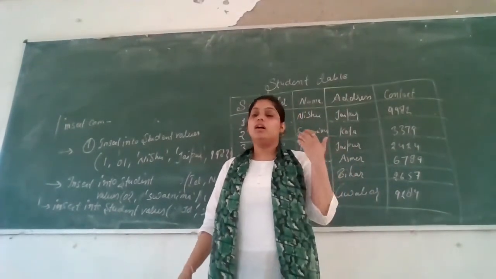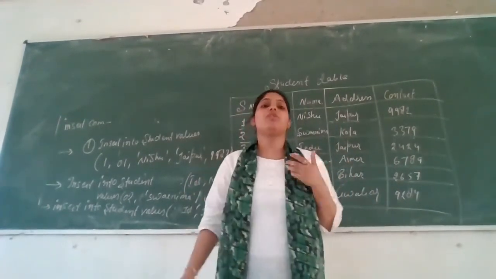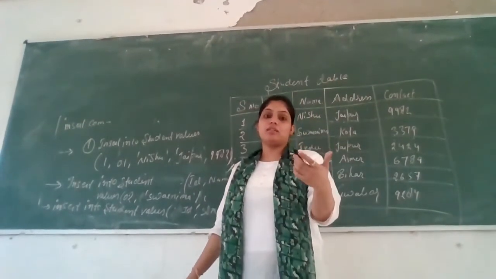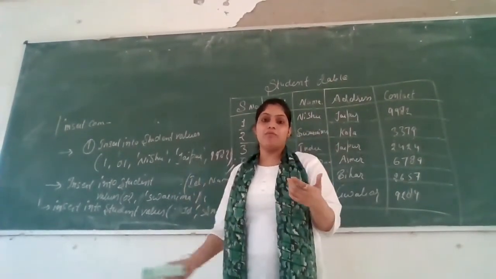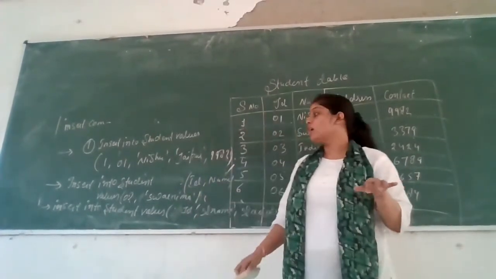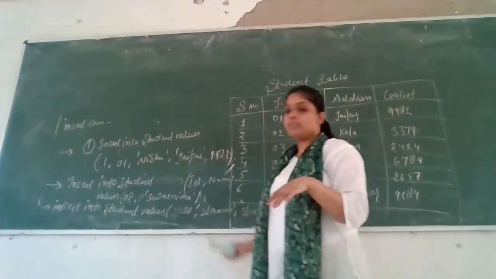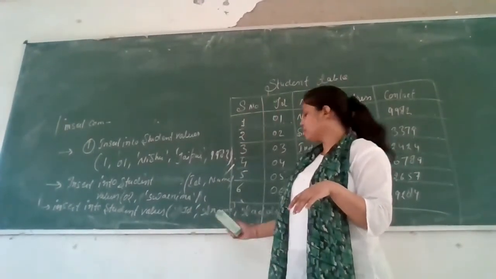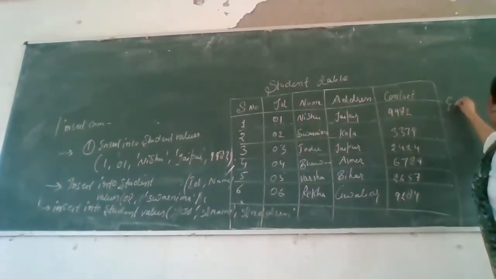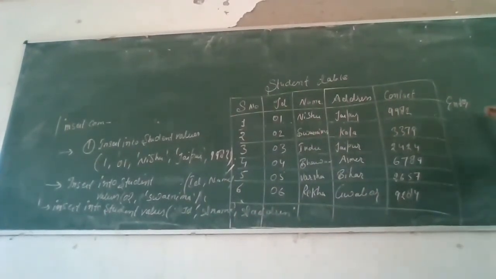Like you enter your ID, enter your name, enter your address. Then the computer asks you what is the ID, what is the name, what is the address, what is the contact number. Then you enter my ID is this, my name is this, and my address is this. This type of output you will see on your screen.